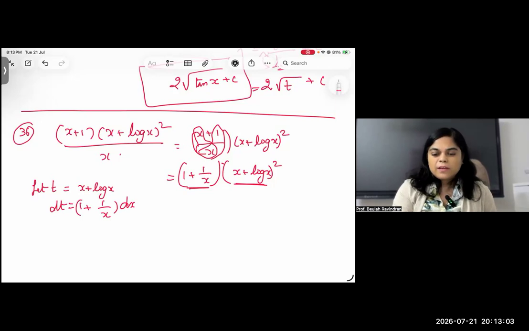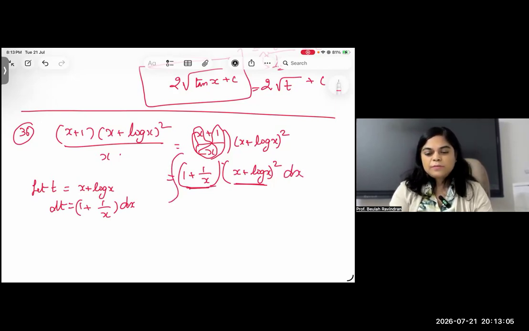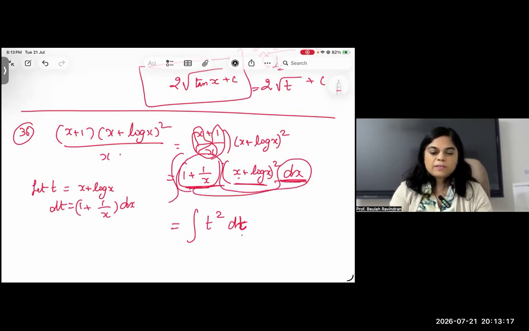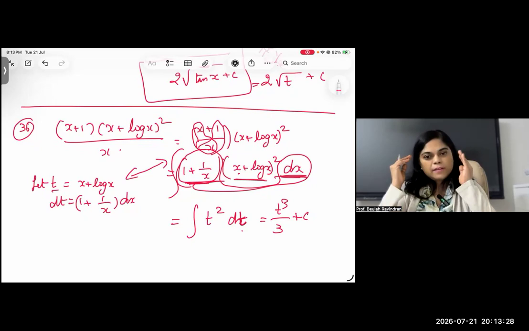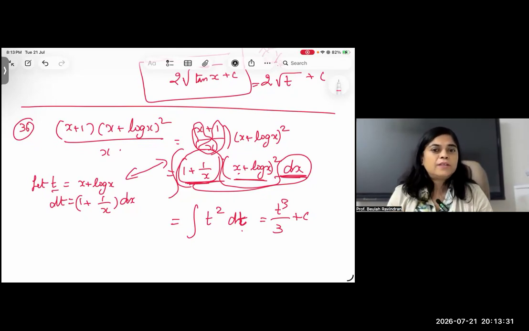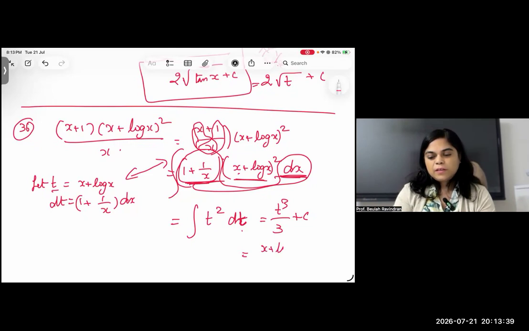So we can substitute t square into dt. After that, it's very simple: t cube by 3. What is t? It is x plus log x, the whole cube by 3, plus c.